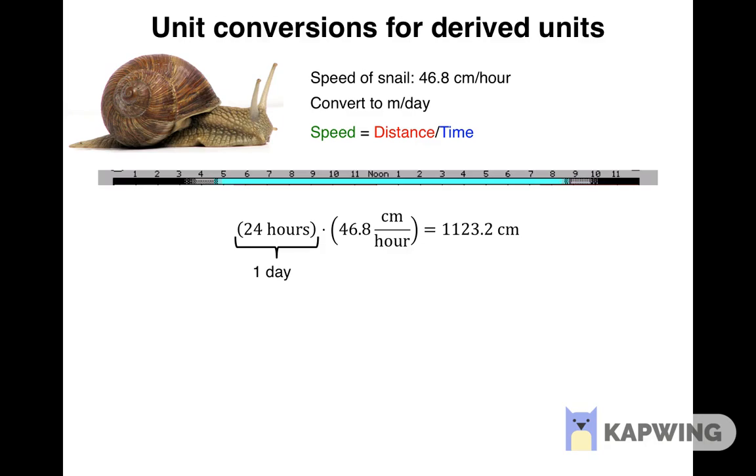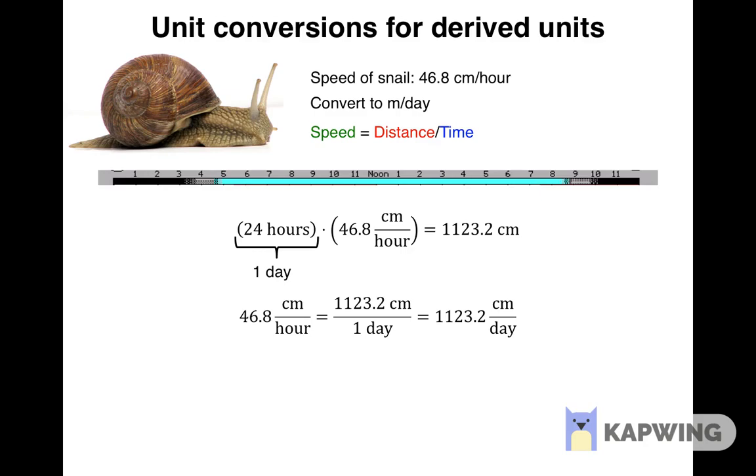Or, if we divide both sides of the equation by 1 day, we will get 46.8 centimeters per hour on the left is the same as 1123.2 centimeters per day on the right. So we actually converted our speed to centimeters per day already.